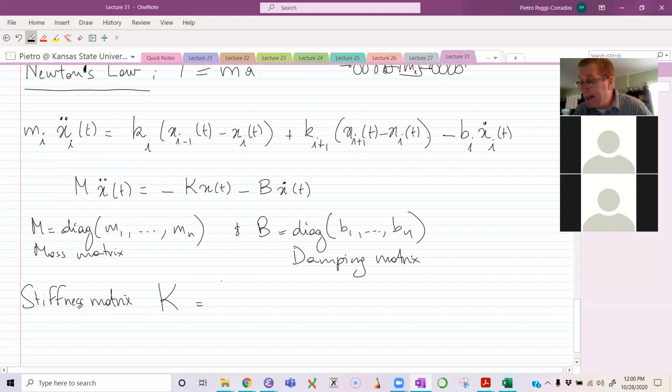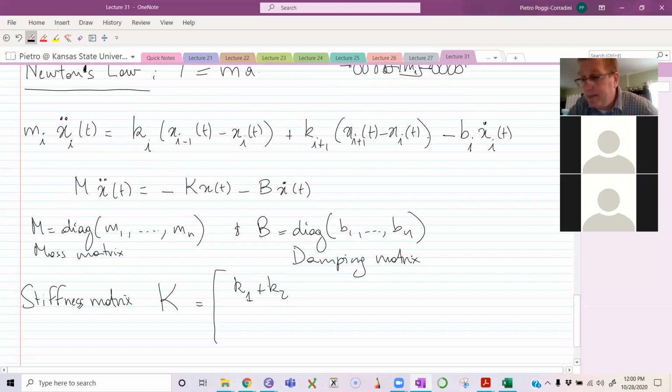All right, so notice, how does it act on the diagonal term, right? On x_i, we need to multiply by k_i and then also by k_{i+1}. So k1 plus k2, we'll start out like that.